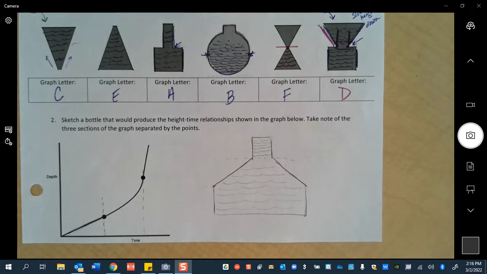The bottle's getting skinnier because it's increasing at an increasing rate. This is where the sides of my bottle narrow. This third section of my bottle is where the neck of my bottle is super skinny, and it goes up, but at a constant rate, so it's straight walls up and down.